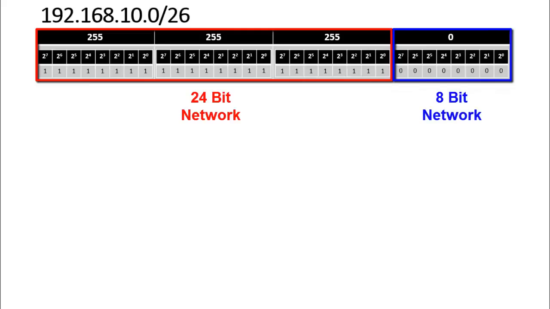So if you count the value of all these bits in each block, you will get 255.255.255.0. But the question is, the CIDR value is 26 and the default network bits in a class C IP address is 24. So from where do we get another 2 bits?